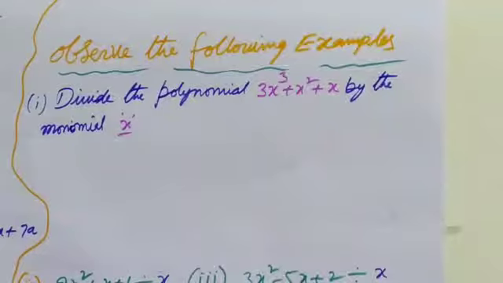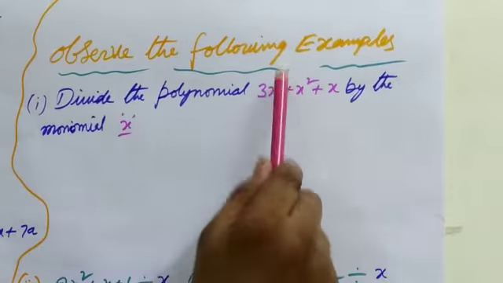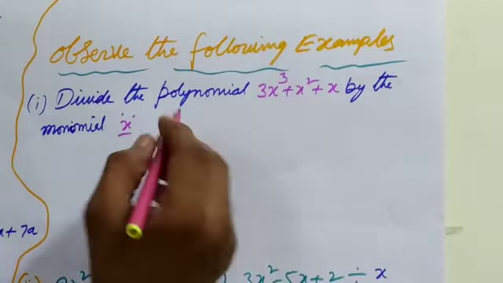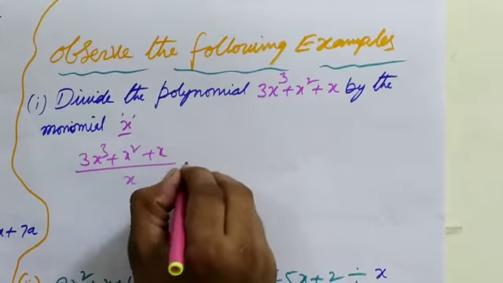Divide the polynomial 3x cubed plus x square plus x by the monomial x. This is a trinomial, and x is a monomial. Therefore, a trinomial divided by a monomial. This is a cubic polynomial divided by the monomial. Now observe: 3x cubed plus x square plus x divided by x.